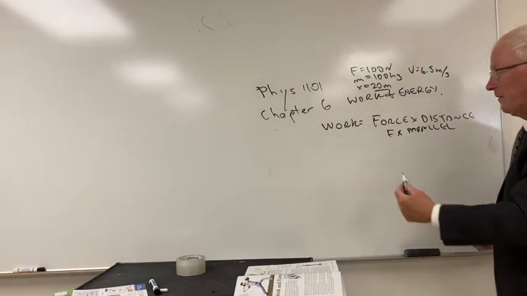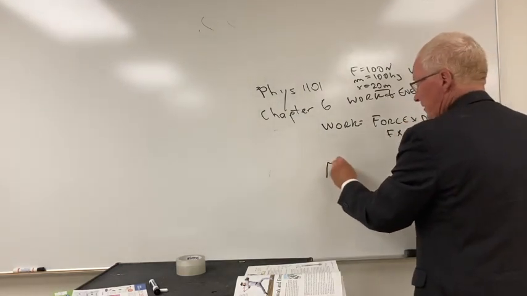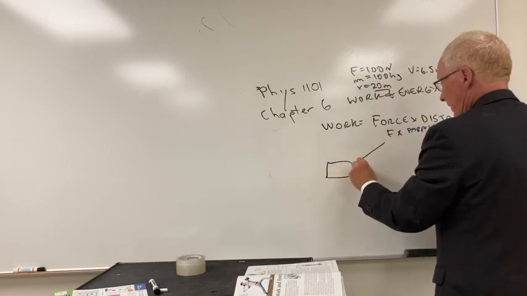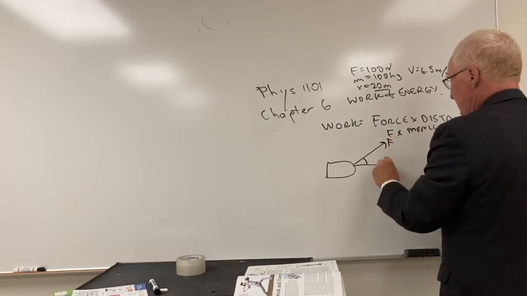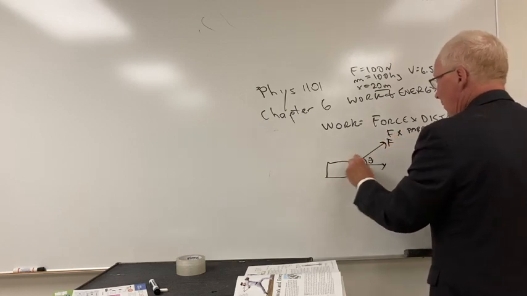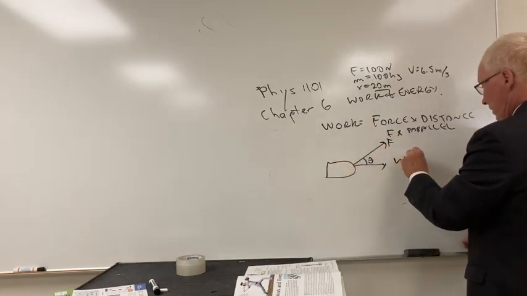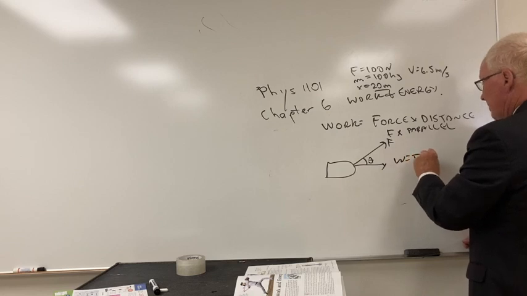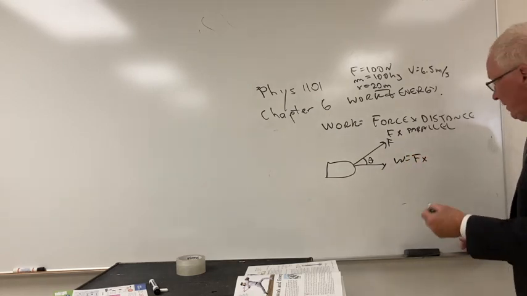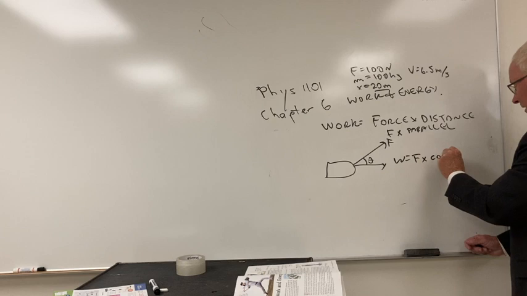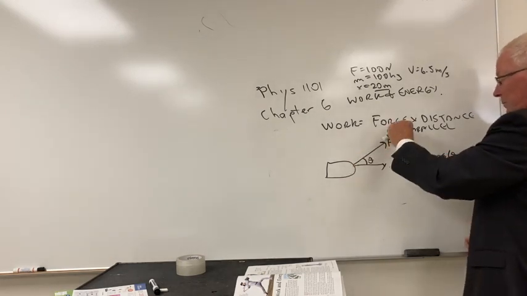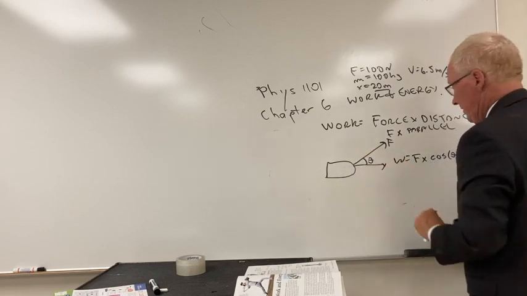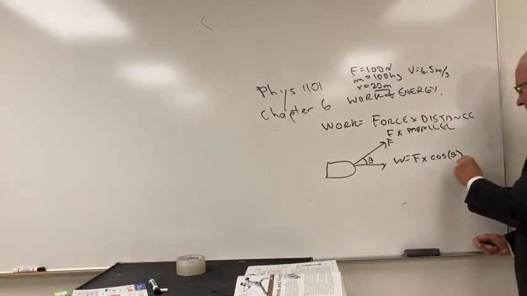Technically then, if it's pulling at an angle, so if you have a case like this, if we're pulling at an angle, this is F, and this is where we're pulling it, and this is the angle, and the work is F times X, or D, as they use in the book, times the cosine of the angle between this and that. The force is pulling that way. This is what we have here.